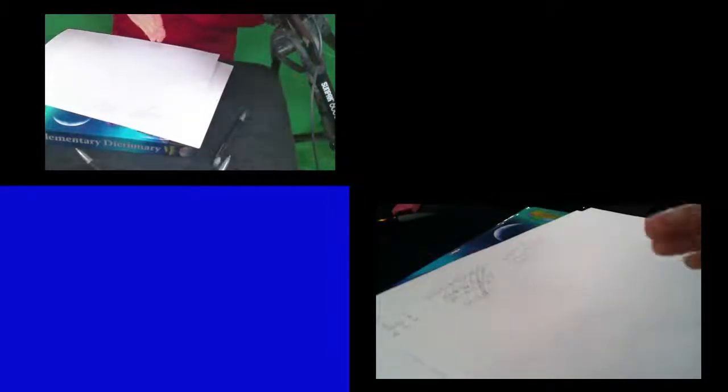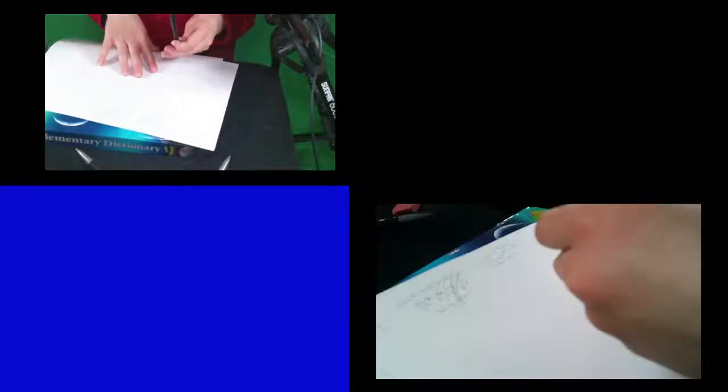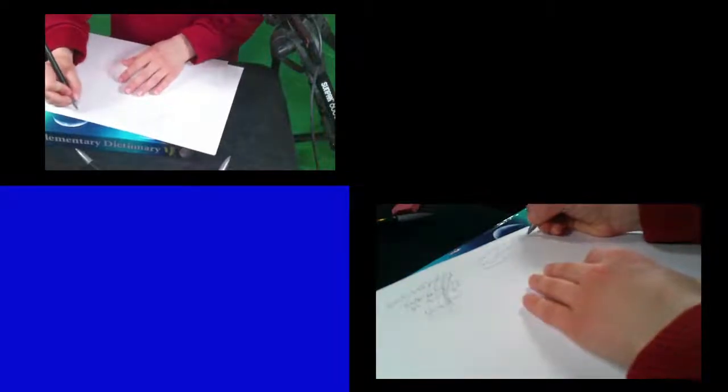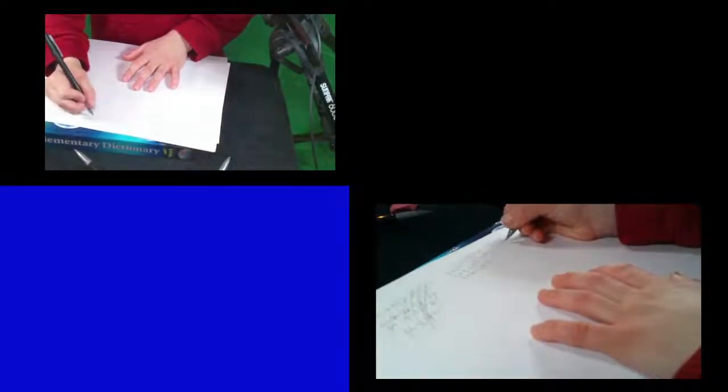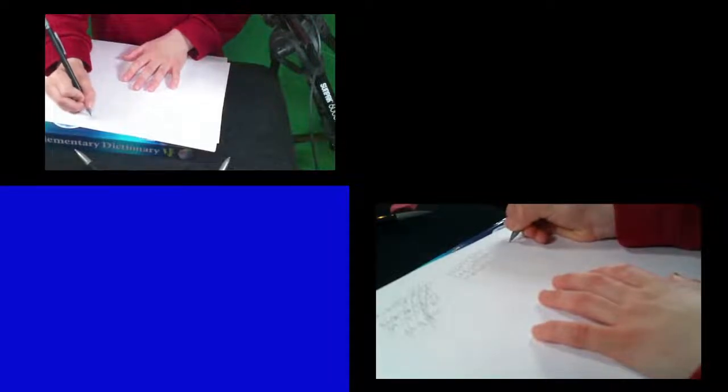We have no parentheses, but we do have exponents, which is 5 to the power of 3. And that equals 5 times 5 times 5, which I write out here. Since 5 times 5 equals 25, this simplifies to 25 times 5.